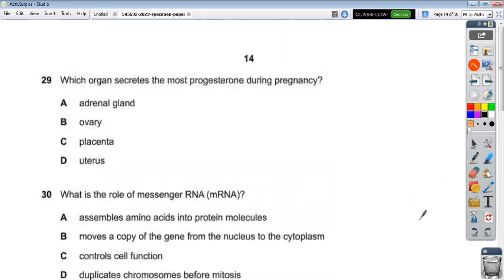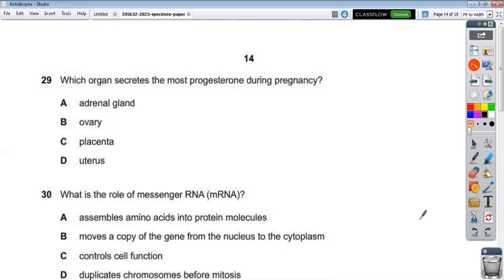Which organ secretes most progesterone during pregnancy? We talked about that when we were revising, I think before you started exams. And I said during pregnancy, something happens. So what is the correct answer? During pregnancy, I said the uterus stops secreting.